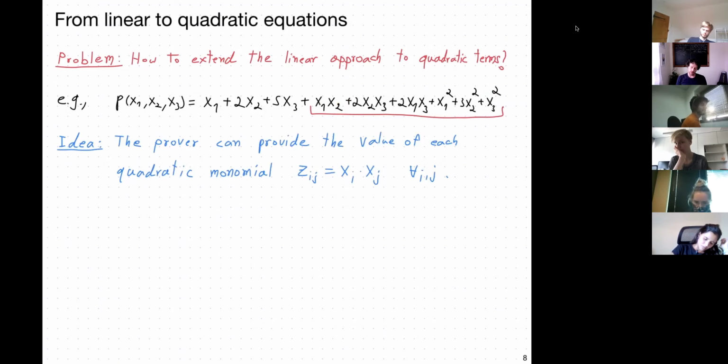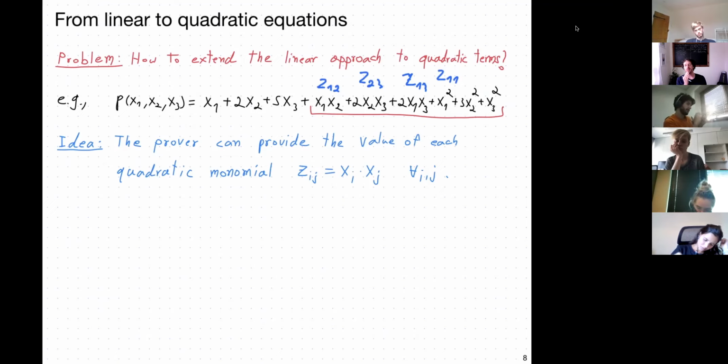Think about the prover providing us with a new auxiliary variable, z_ij, which is equal to x_i times x_j. So the prover kindly provides z_{1,2}, z_{2,3}, z_{1,3}, z_{1,1}, and so on and so forth. And now this is again a linear equation in the new variables, the x variables and the z variables. We reduce the problems and all is well.